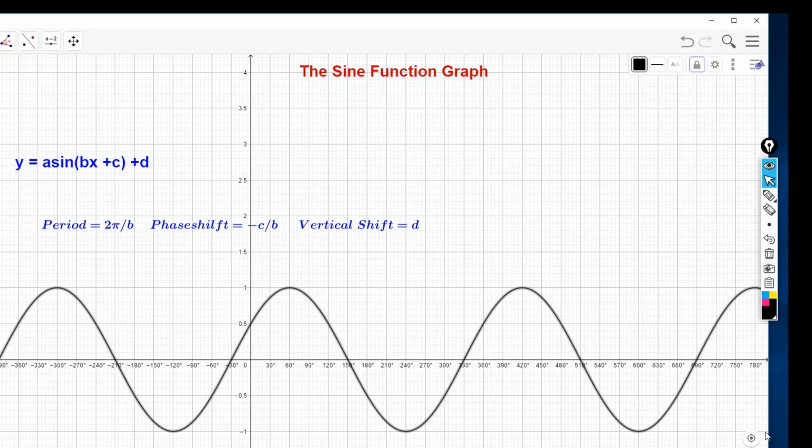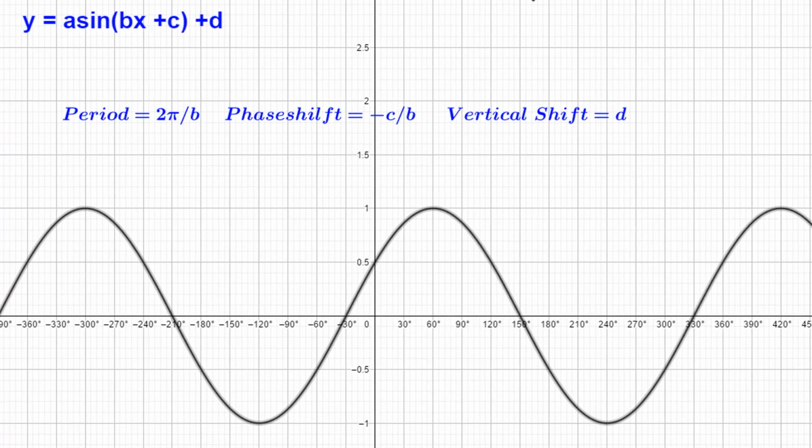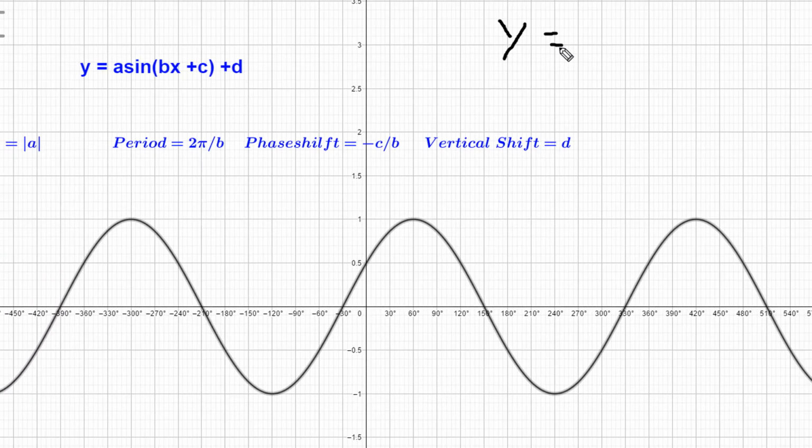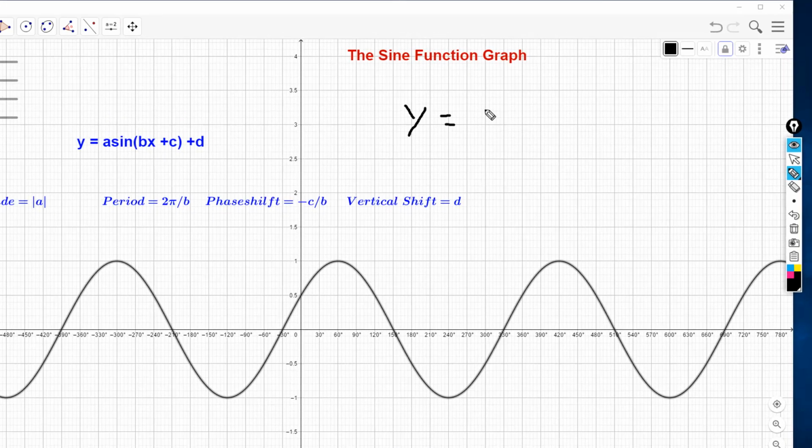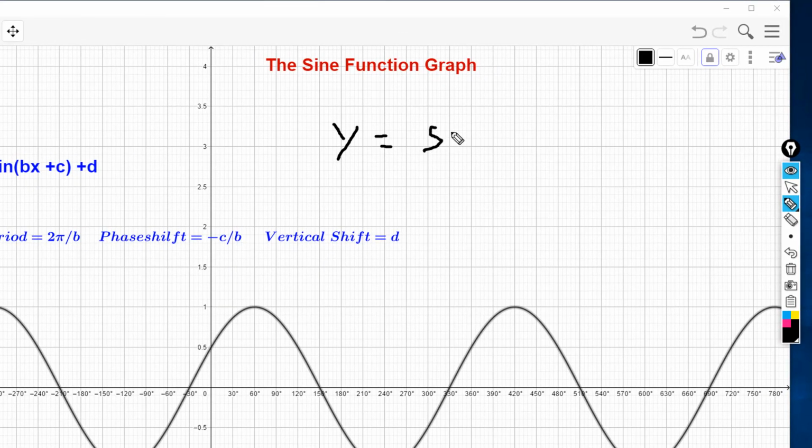Okay, so just so that you see what we have here, it's going to become y is equal to, a is 1, so this is going to give us sine of, b is 1, so this will be 1x, or just x, plus c.